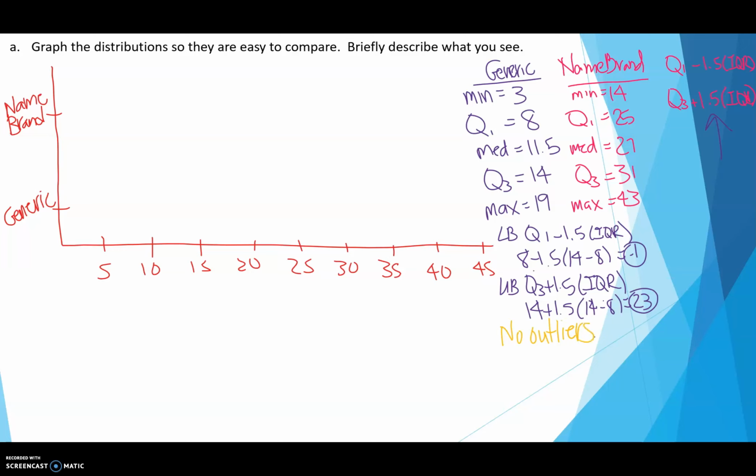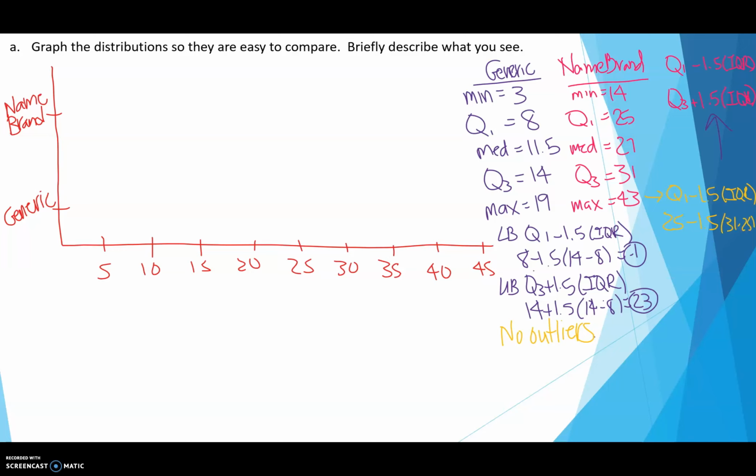Now I'm going to do the same thing for my name brand. I'm just going to come up here. So Q1 minus 1.5 IQR. Q1 is 25. That's 1.5. And then the IQR.